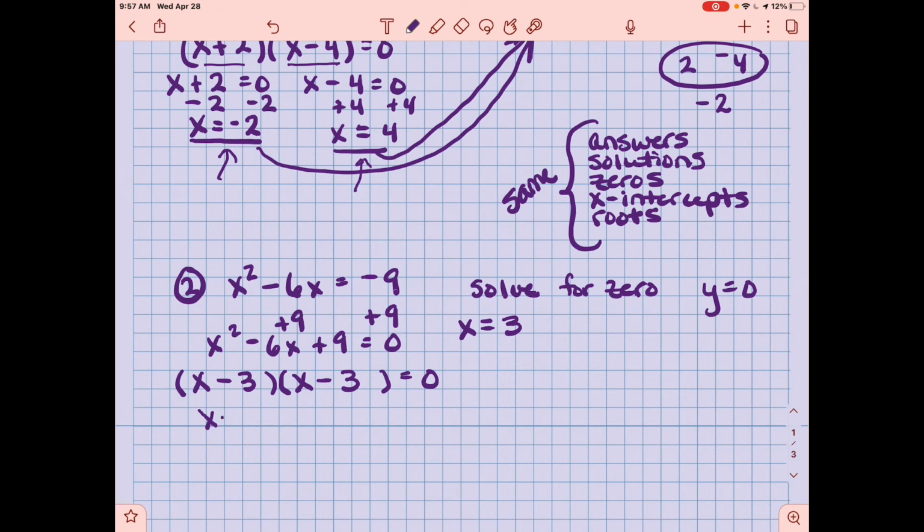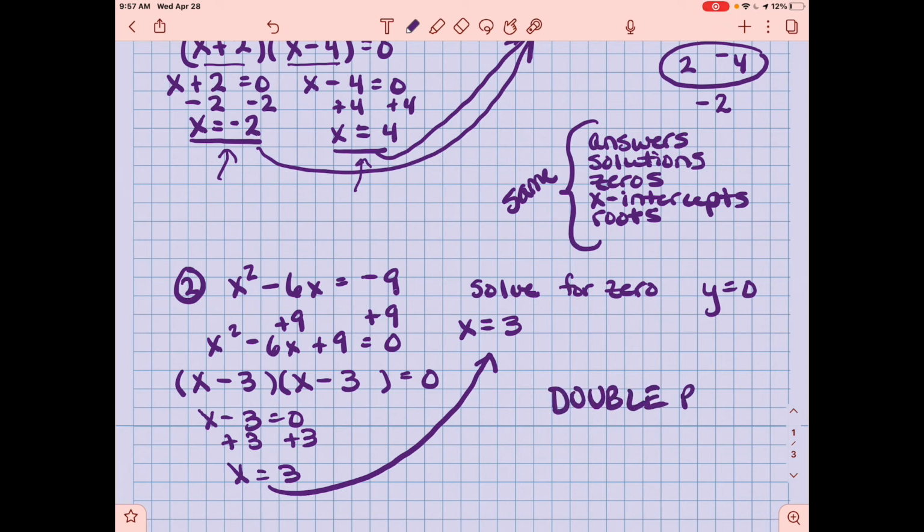I only have to solve one of these because they're exactly the same, and I get x equals 3, the same as I got off the graph. So we call this a double root. When it only touches the x-axis in one place, we will still have these two factors identically the same. It's called a double root.